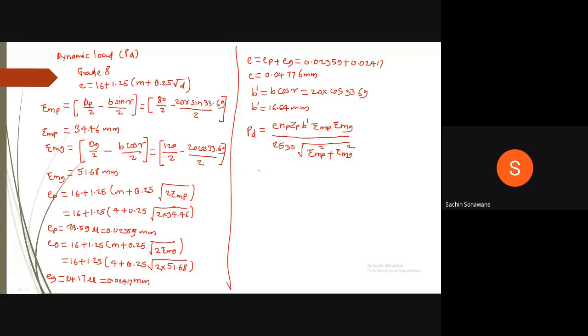Therefore, substitute the values. E is nothing but 0.04776 into NP.